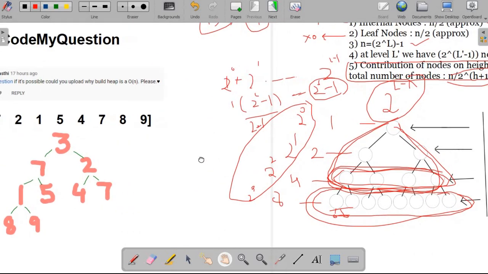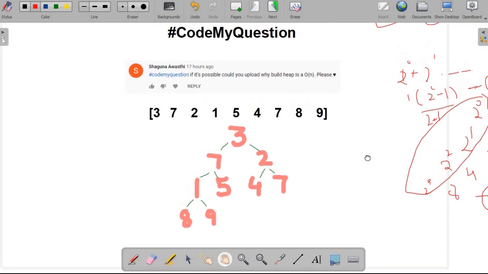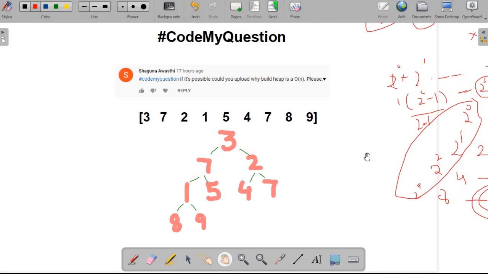Now let's see how we are going to use this in order to prove that our build heap method works linearly, that is in order of n. Let me just give you a quick overview of how the build heap method works. Over here we take these leaf nodes as nodes which are already satisfying the conditions for a heap.